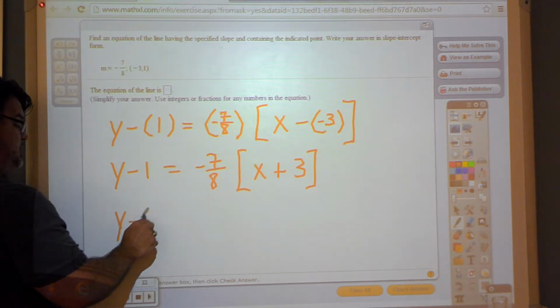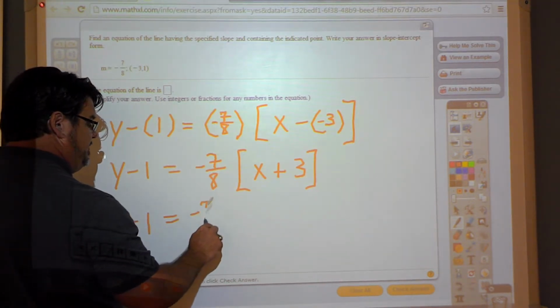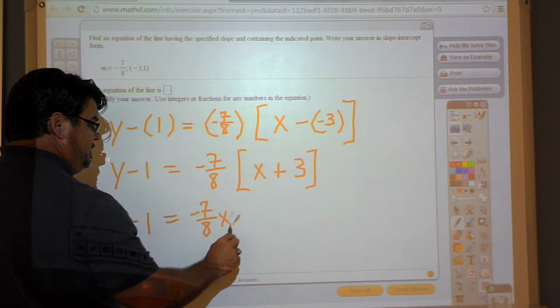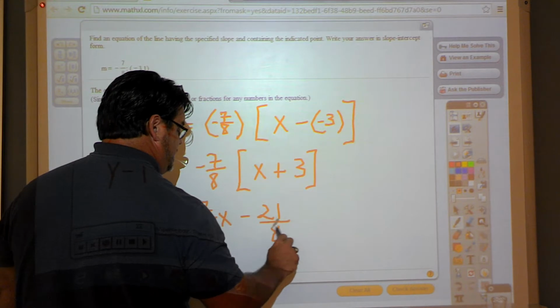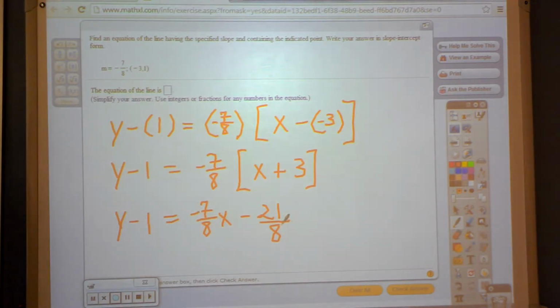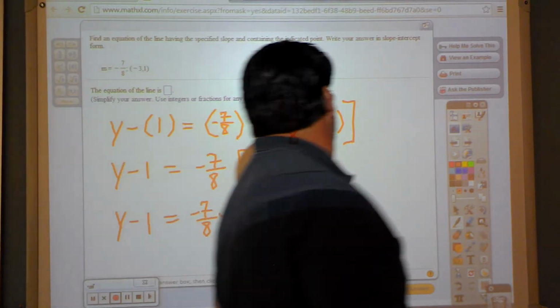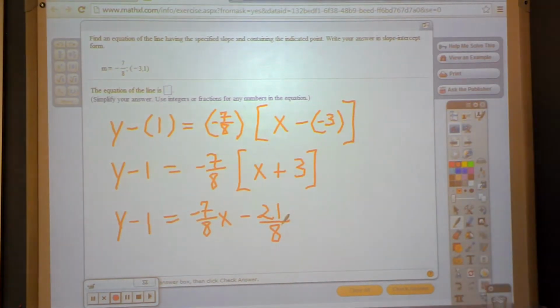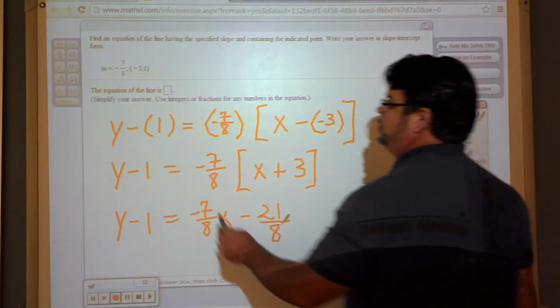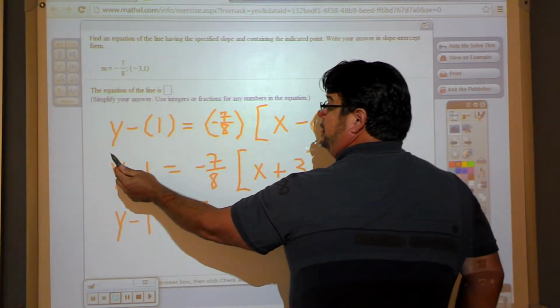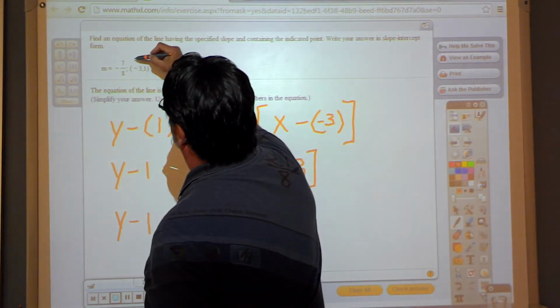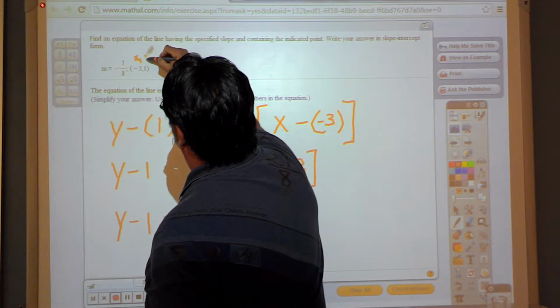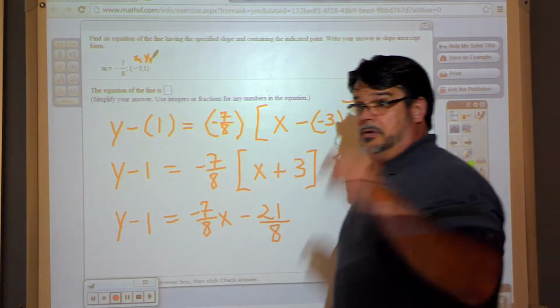So y minus 1 is equal to -7/8 x minus 21/8. What is the formula? Y minus y sub one. Which way do we read? That's right. So this is x sub 1 and this is y sub 1. Plug and chug.